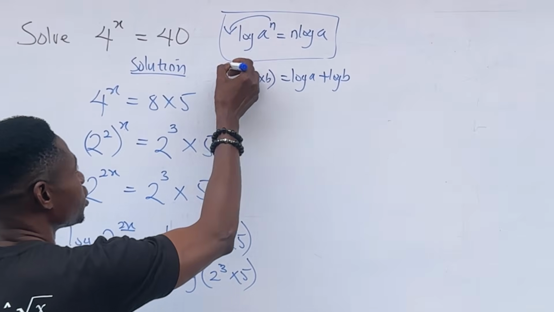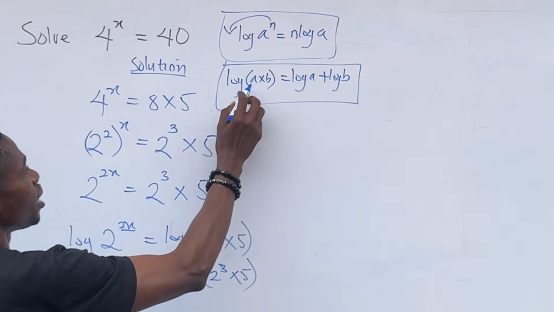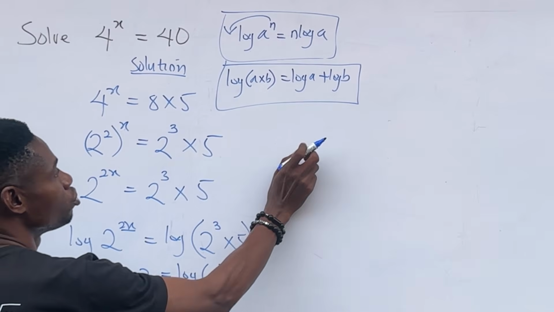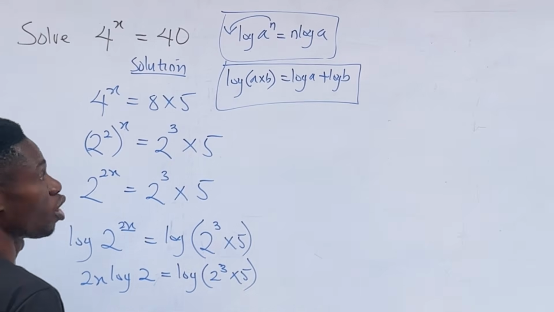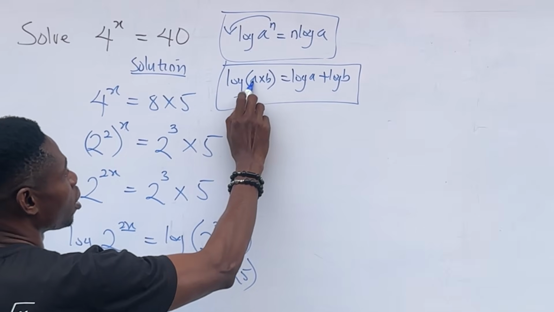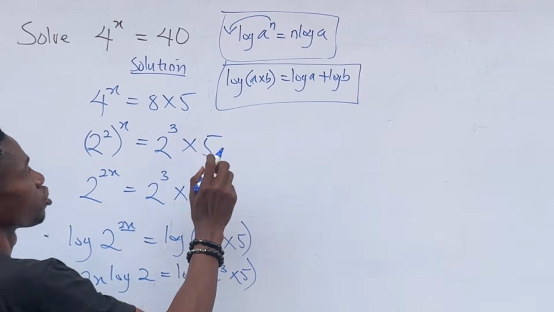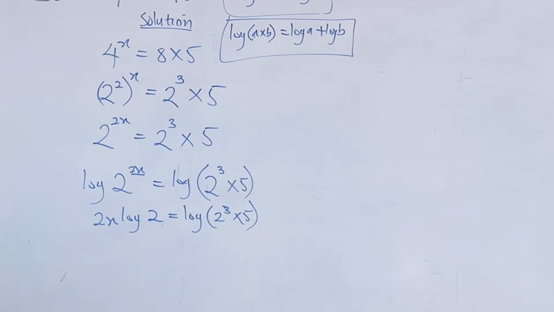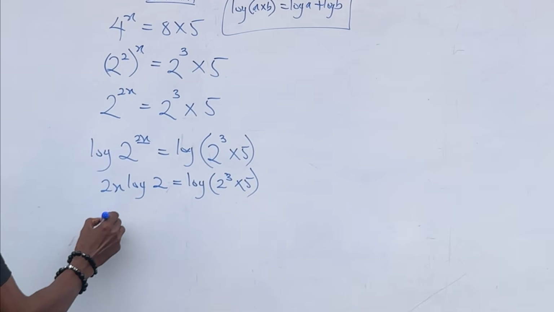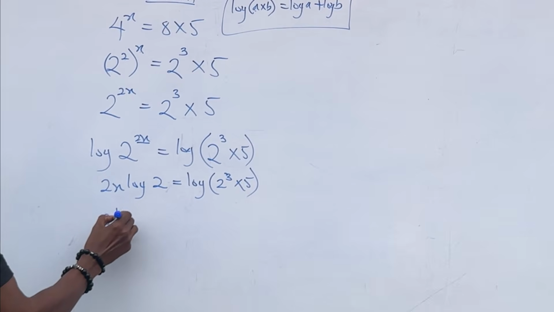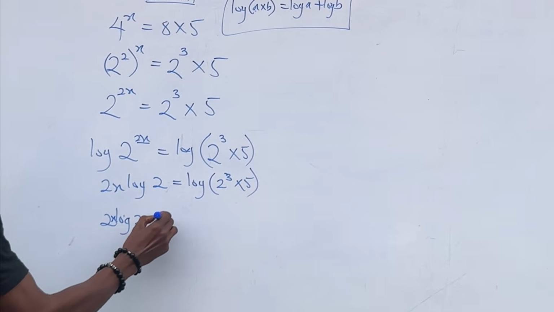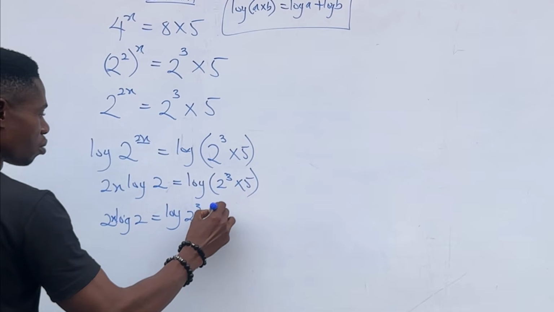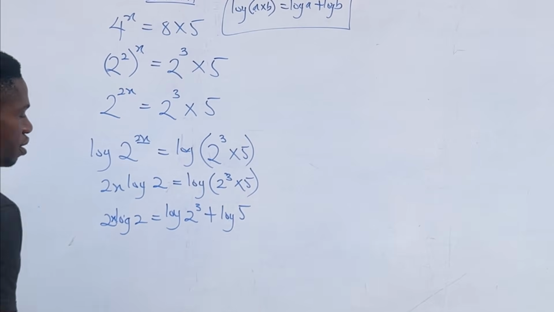What it's saying is that if the argument of your log is a product, you can split it to become a sum of the two numbers. So let's apply that here. We have 2x log 2 equal to log of 2 raised to the power 3 plus log 5.